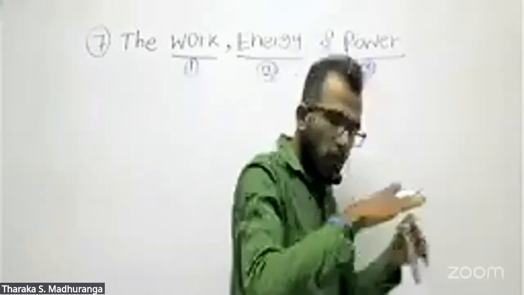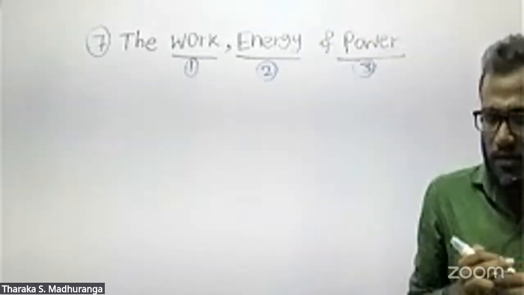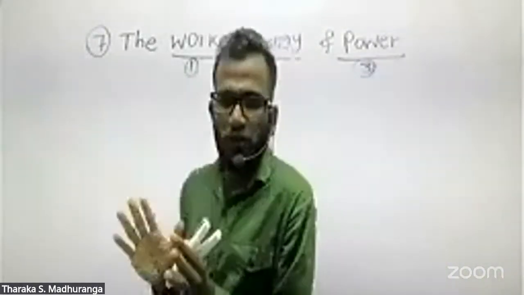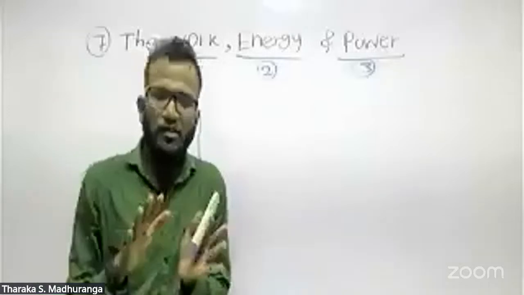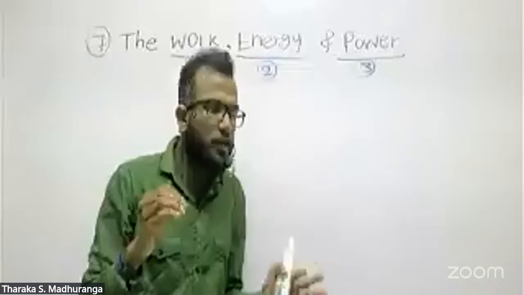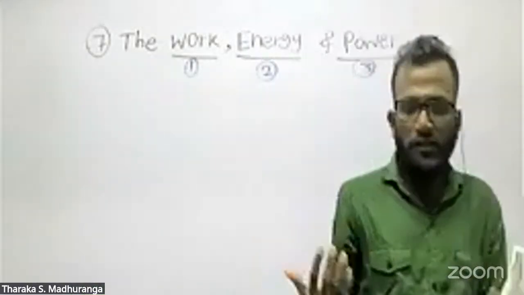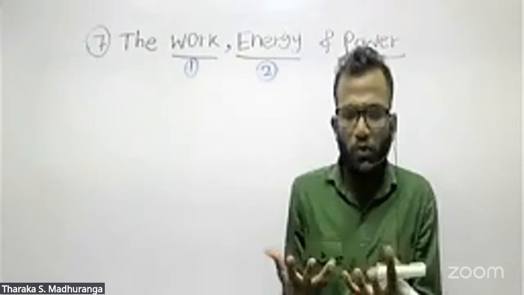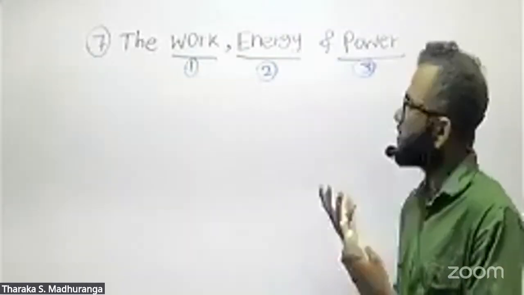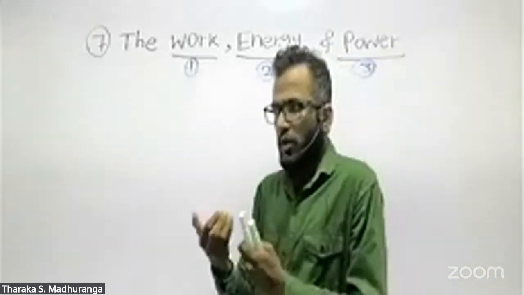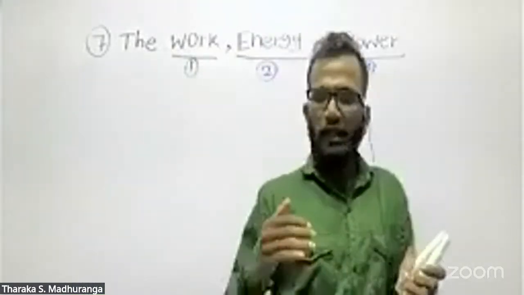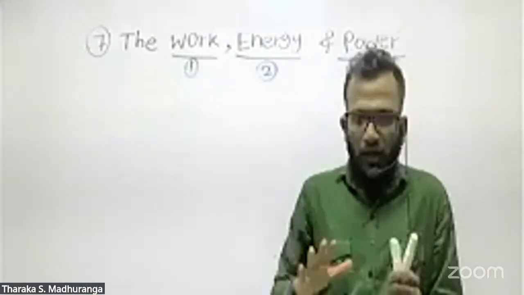Actually, within this whole lesson we discuss only these concepts. That's the base of the lesson. We go to a deep level in every concept. We discussed some of these in O level time. You know a few concepts of what is work, what is energy, what is power. You already know. But in this lesson we are going to discuss in an advanced way, an in-depth discussion about work, energy, and power.